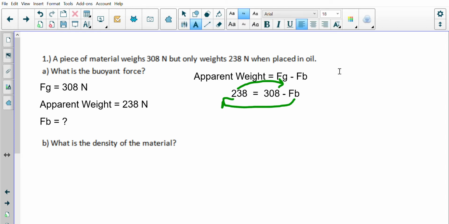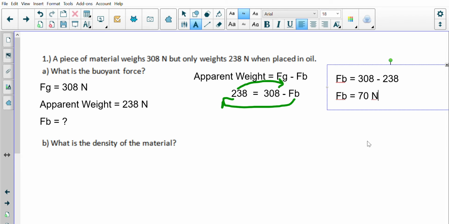And when things change sides, they change signs. So I'm going to have positive Fb on the left now. On the right, I have my 308, and now the 238 is moving over, so it's going to switch signs. And so I can figure out my buoyant force. To help me out here is 308 minus 238, and I get exactly 70 newtons.